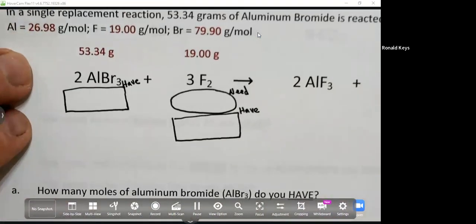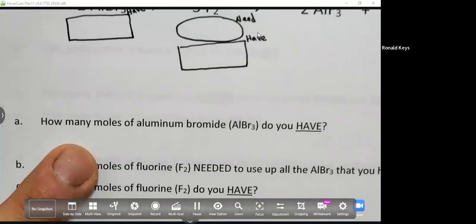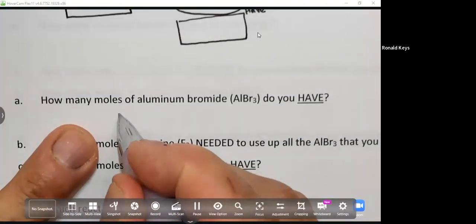Once we get that evaluated, we can figure out which one's limiting and which one's in excess. So letter A is, how many moles of aluminum bromide do you have? So we'll calculate it out right here.